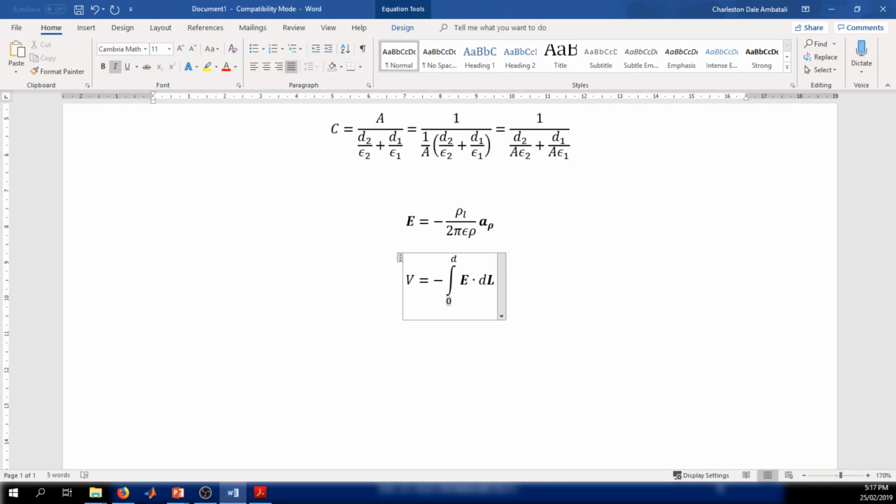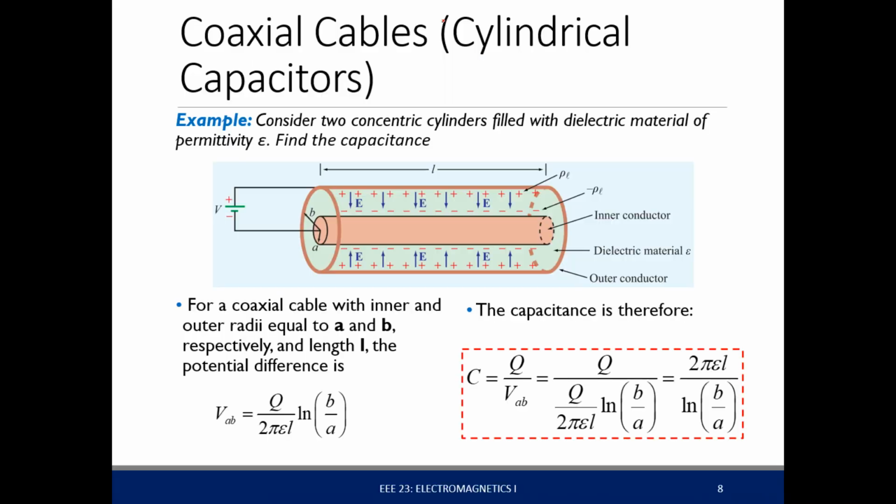Your integral is now from, so we set the path to be from your initial point here at the negative part, and your final point here at the positive part.